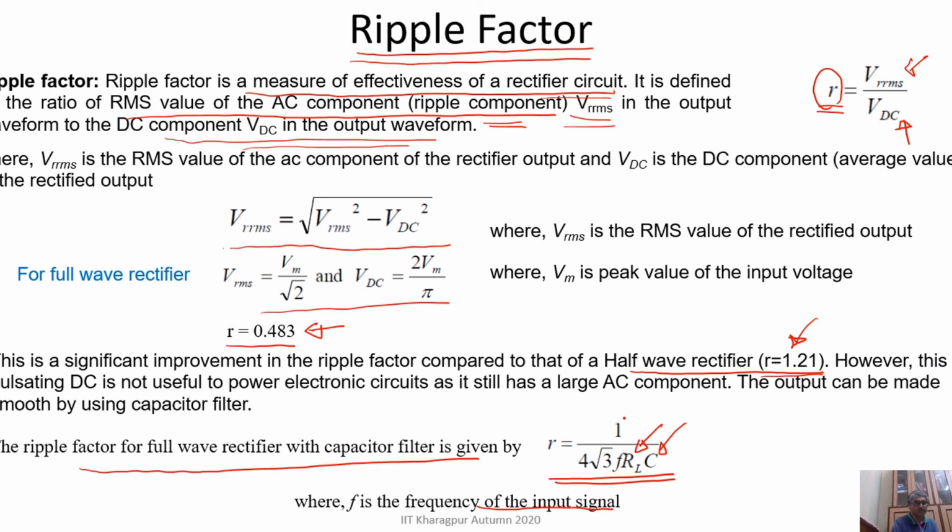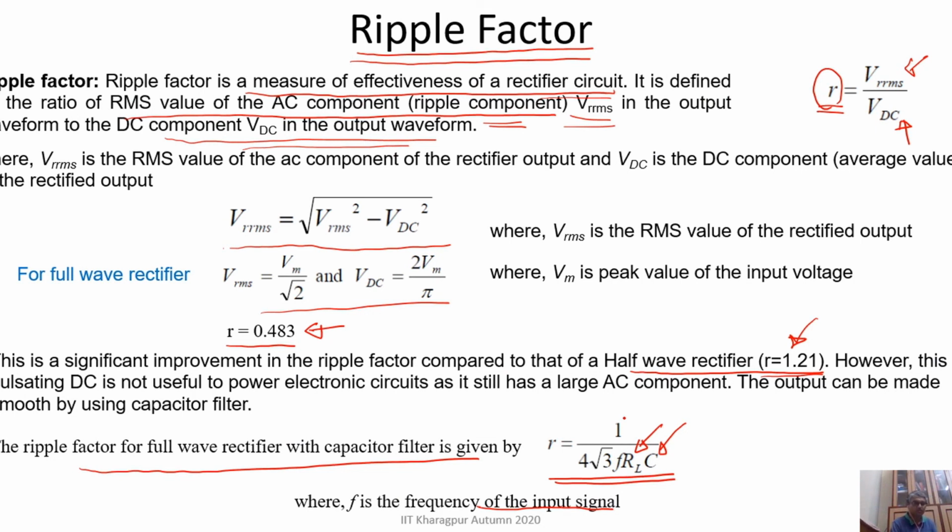Let me summarize what we have learned today. Using diode models, we can design and analyze diode circuits. We have started one of the applications of diode, which is rectifier.